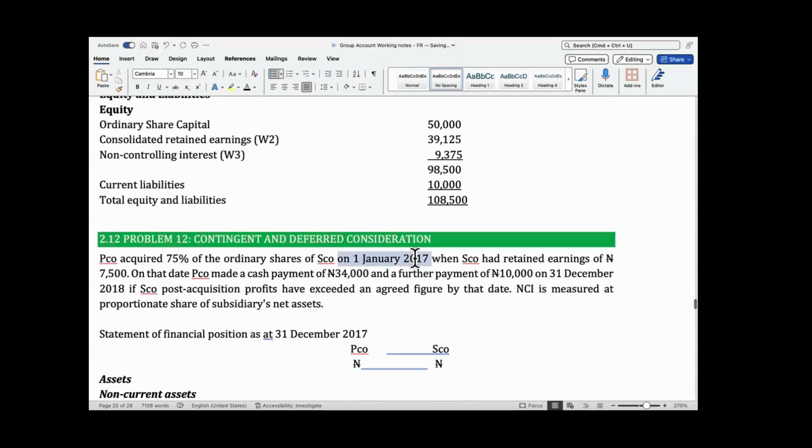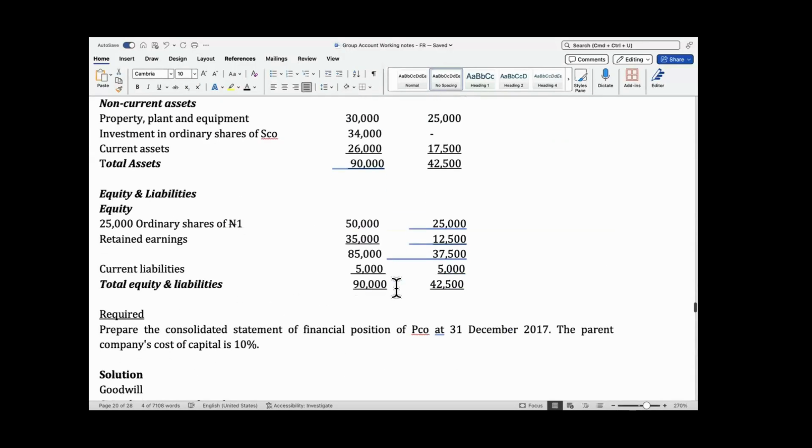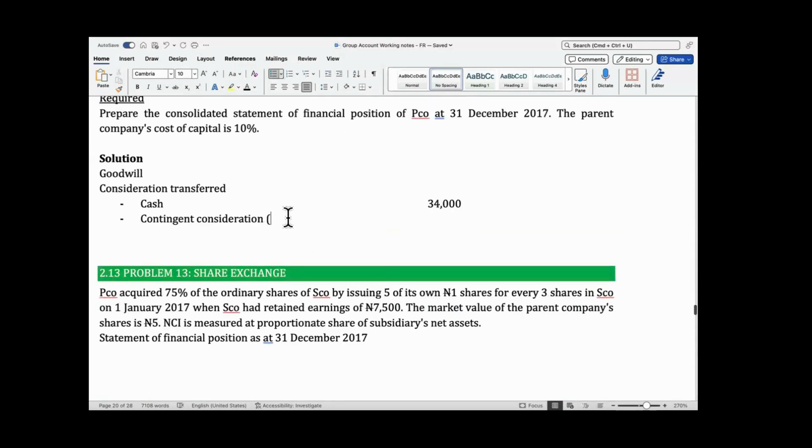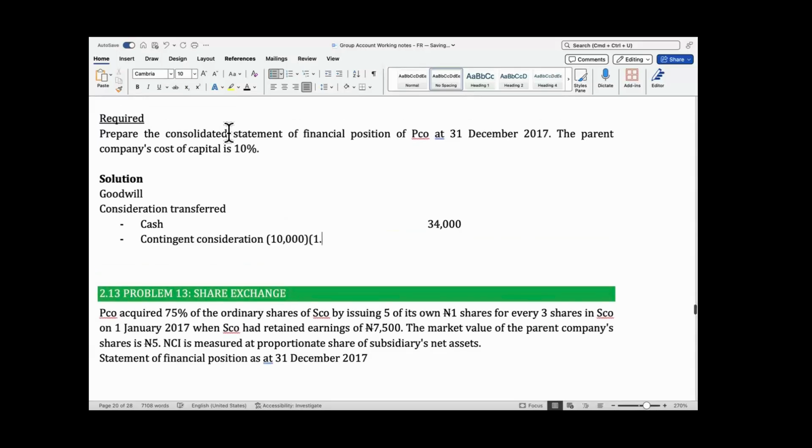This is the 1st of January, that's in 2 years, 2017, 2018. So that will be 10,000 times 1.1, the cost of capital. That's why they gave us this 10%. That's 1.1 raised to power minus 2. What would that give us?